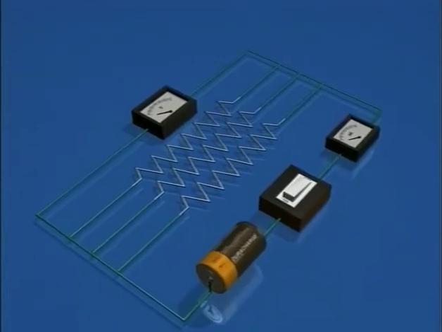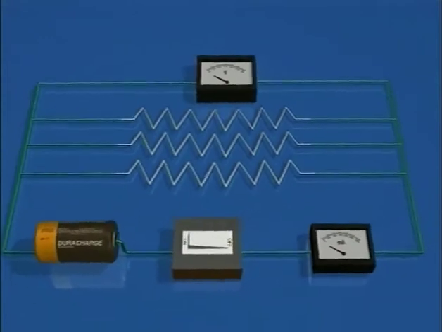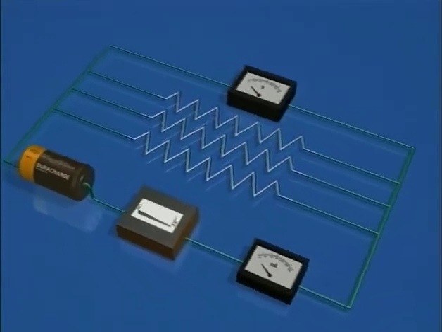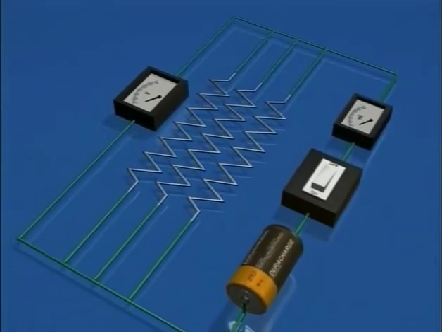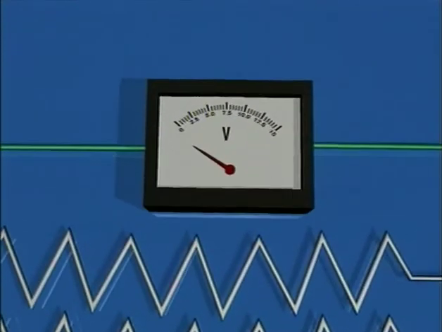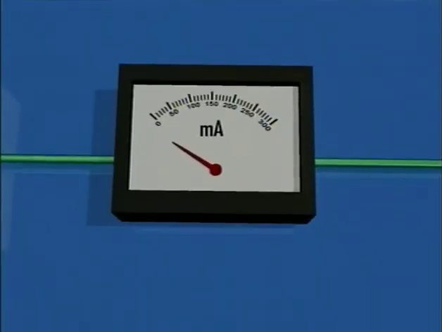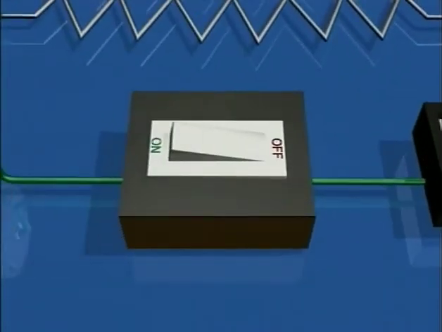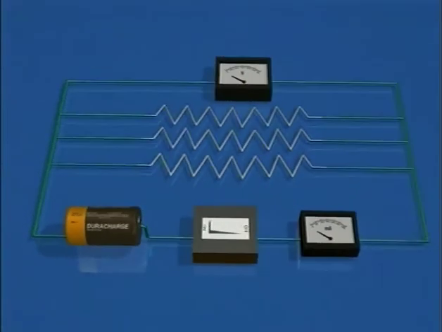To study the behavior of 3 resistors joined in parallel in an electric circuit, apparatus required are 3 resistances of different values, a voltmeter, an ammeter, a plug key, a battery, and connecting wires.